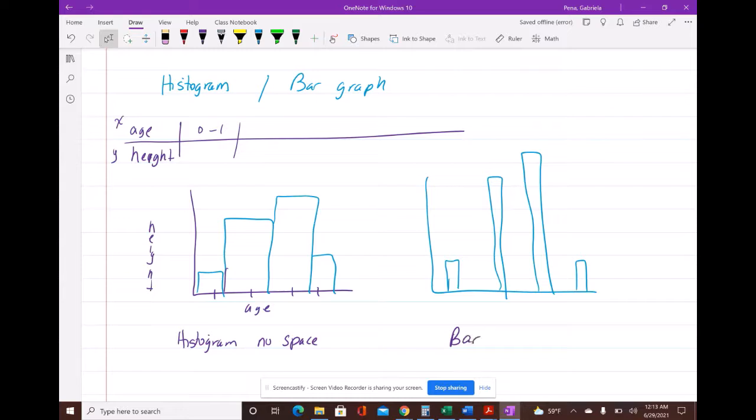For a bar graph, you need space. What space am I talking about here? This space in between each one, that's what makes it a bar graph. No space, that's what makes it a histogram. So for right now, look at these two questions, and if you have any questions, please let me know.